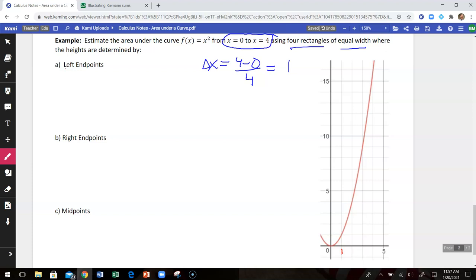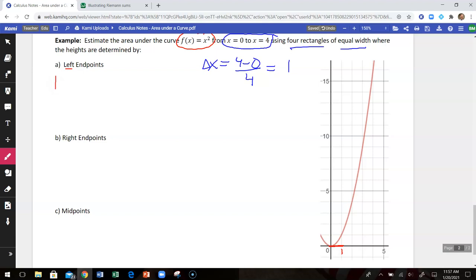If I were using left endpoints, for my rectangle that goes from 0 to 1, I want to use the left endpoint of that interval, which would be 0. The height of that rectangle is determined by the value of the function at 0. So here's my function, f of x equals x squared. At 0, the answer is 0, which means this rectangle has no height, right?